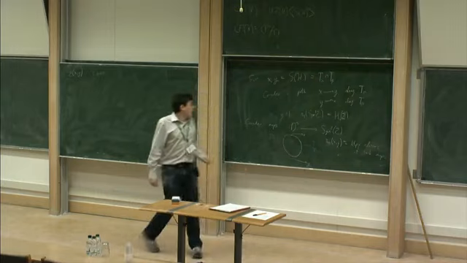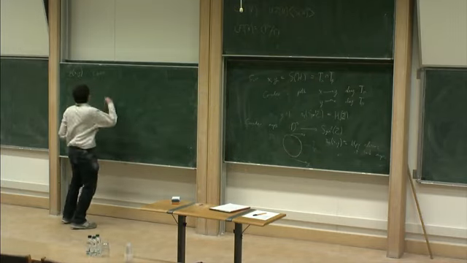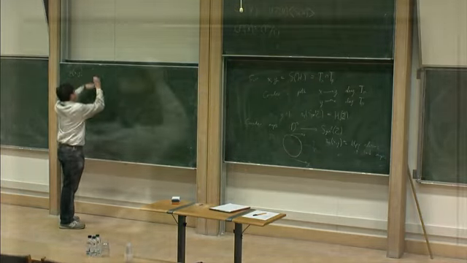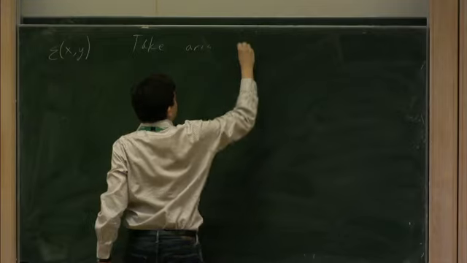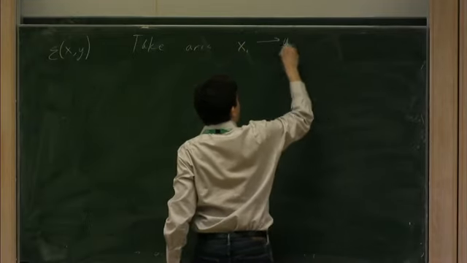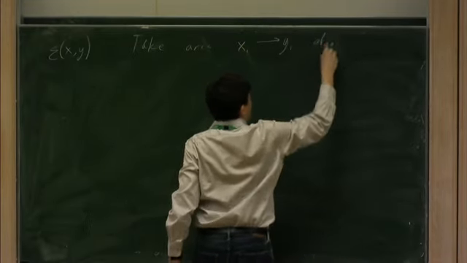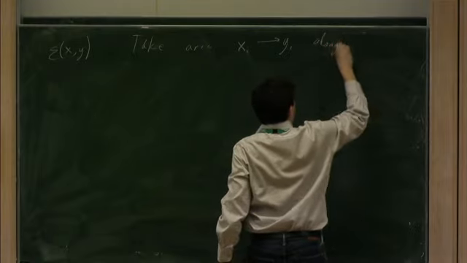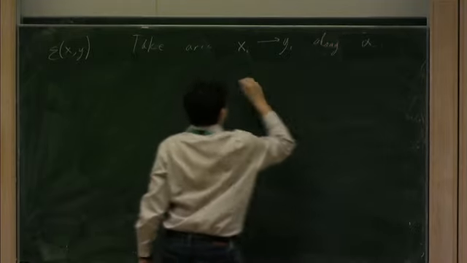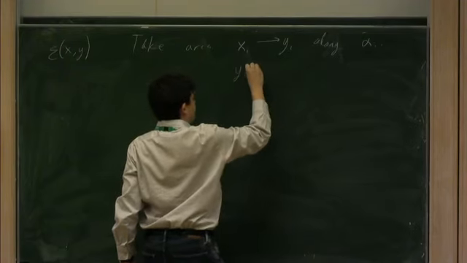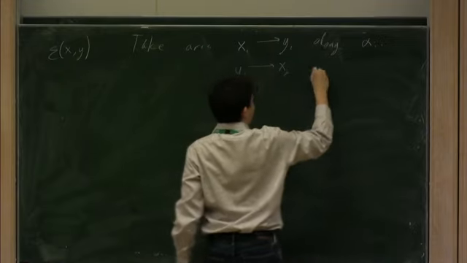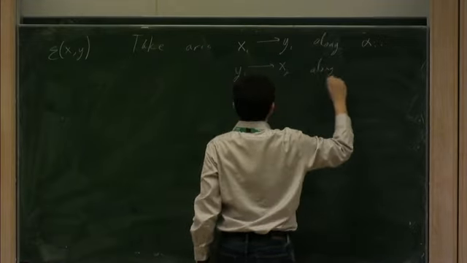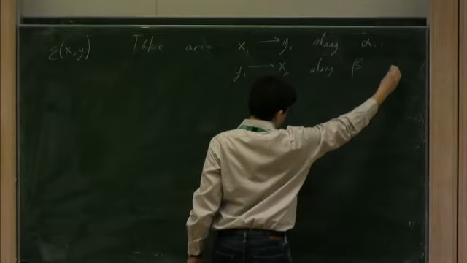Okay, so epsilon of xy is going to be the following. Let's take arcs from x_i to y_i along the alpha circles, and then from y_i to x_j along the beta circles.